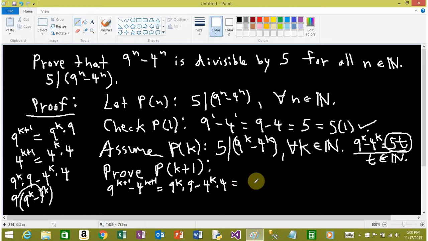So that's going to be equal to 9 to the k times 9, and then we're going to have minus 9 times 4 to the k plus 9 times 4 to the k. Because whatever we subtract, we also have to add. So this is like adding a 0 here, because anything negative plus adding to itself gives you 0. And then you're going to have your minus 4 to the k times 4.